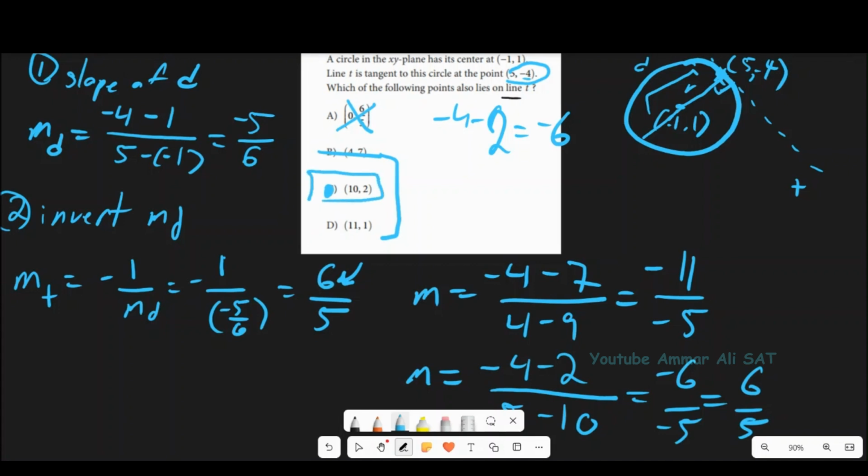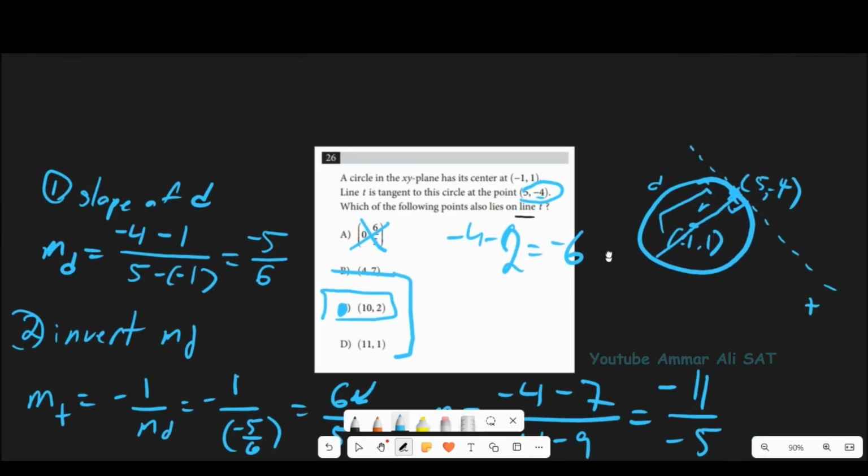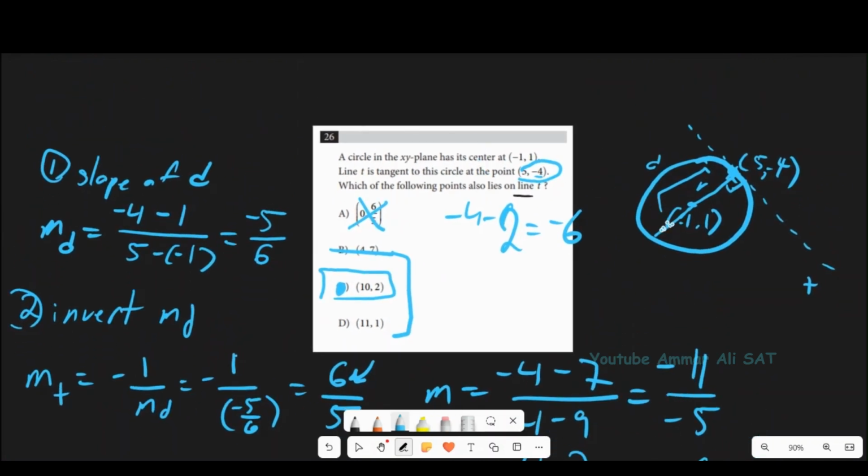So to recap, what did we do? We first found the slope of D, the diameter of the circle. We did that by taking the slope between the tangent line's point that touches the circle and the center of the circle. We got minus 5/6.